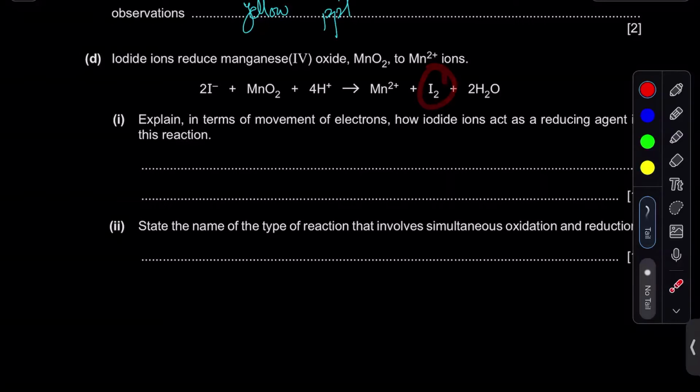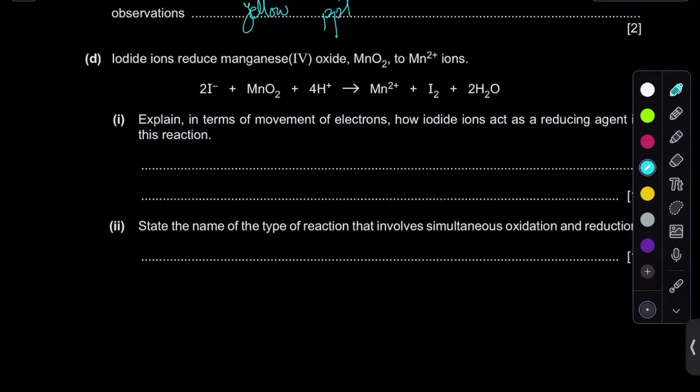And here it became iodine, lost those electrons. So that's what we'll say. Because they're saying explain in terms of movement, obviously electrons are moving, but where they are going from and to is also important.